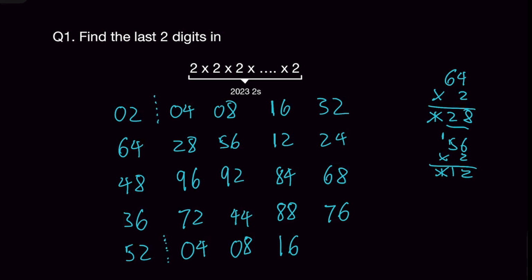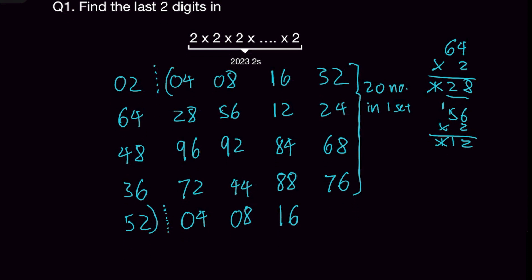The pattern is that we start from the first number, which is 04, and then it ends at 52 before it repeats itself again. If you count the number of numbers in one set of this pattern, you realize that you have 20 numbers in one set.